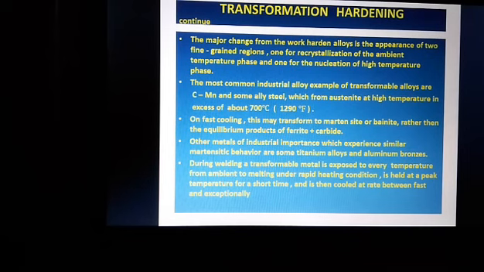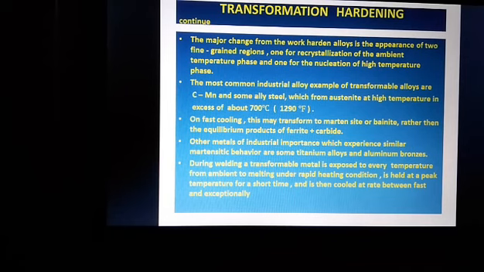On fast cooling, they may transform to martensite or bainite rather than the equilibrium product of ferrite plus carbide. Other metals of industrial importance which experience similar martensitic behavior are some titanium alloys and aluminum bronzes.